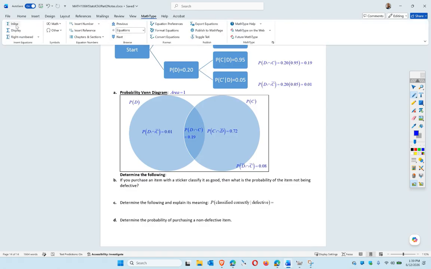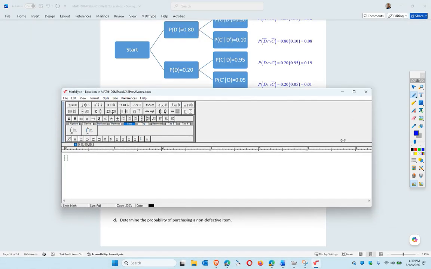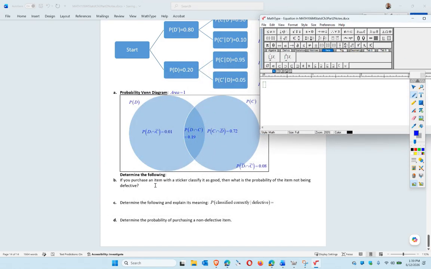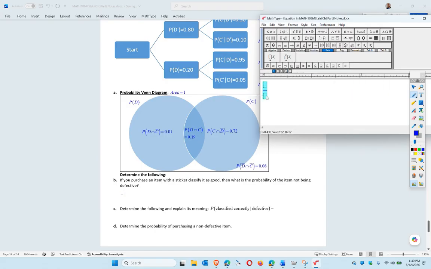Okay. So it's saying, let's get this out of the way. You purchase an item with a sticker classified as good, then what's the probability of the item not being defective? Okay, so probabilities are fractions, right? Okay, so purchase an item with a good sticker on it.